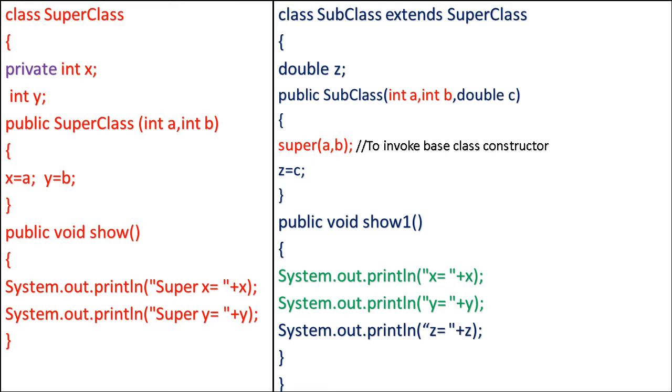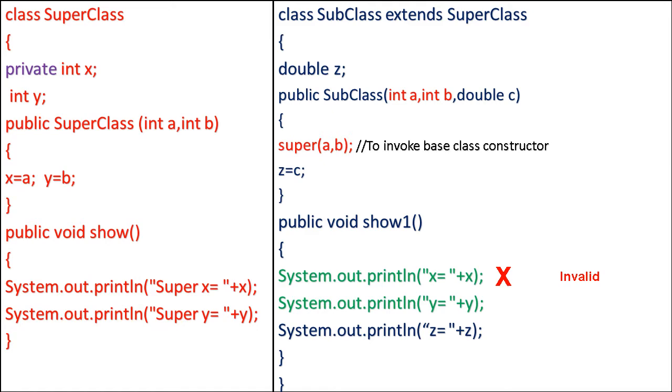Then we can initialize z. Now if we wish to print all the values of x, y and z and we try to do so, you will get an error. What is the error? We have declared x as a private member, so it is not accessible. y is accessible because that is the default member, but private members are not allowed outside the class.